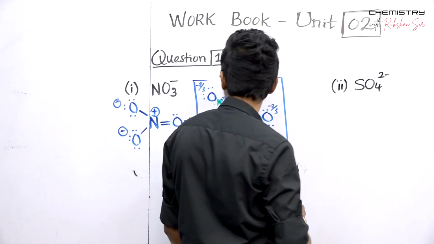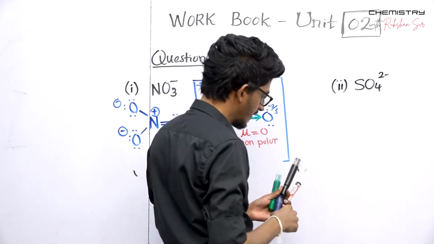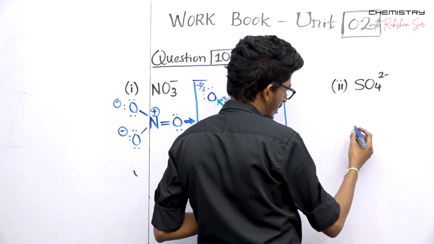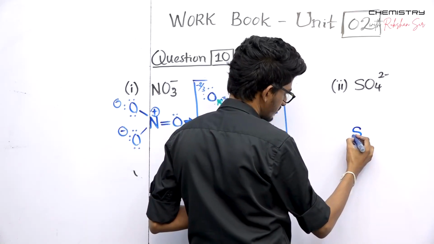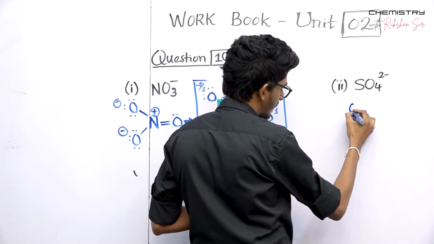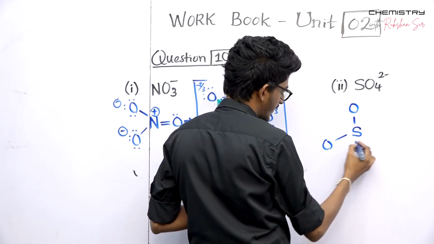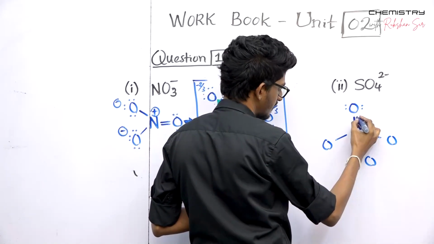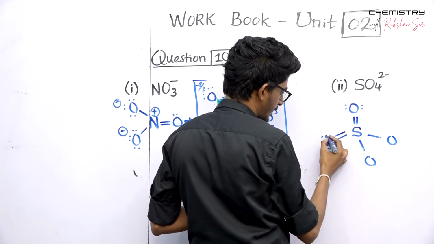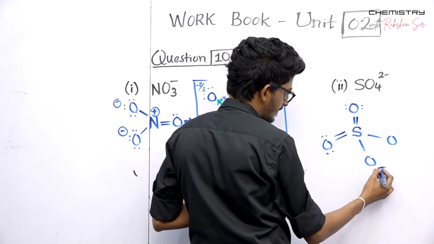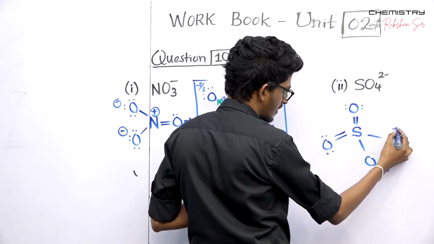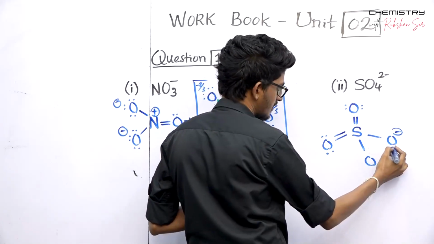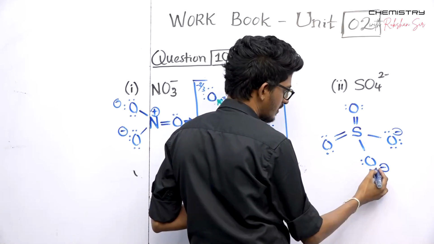Let's come to sulfate. First, you need to draw the existing structure in nature. So it comes to sulfate. Right? One can draw this structure like this. This is one resonance structure, one stable resonance structure of sulfate.